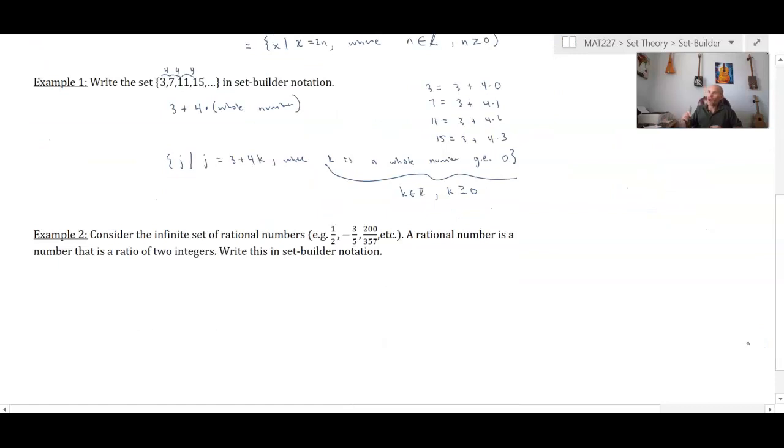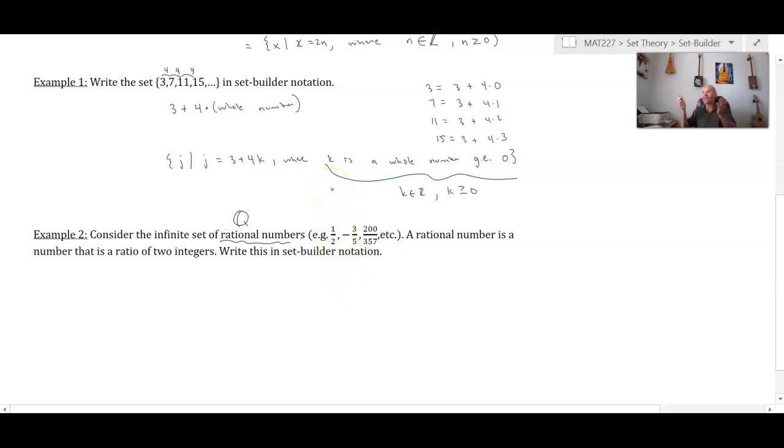Now, to really see the power of this, there's also a set of numbers called the rational numbers. And that symbol, surprisingly, is Q. That's the set reserved for this extra little curve here. And it stands for quotient. Rational numbers are defined as the ratio of two integers. So here are some examples.